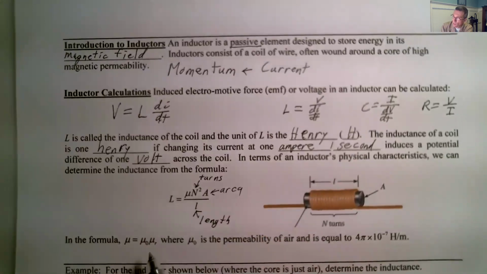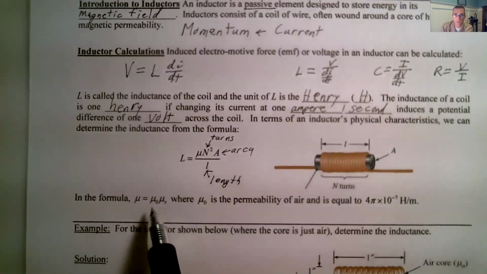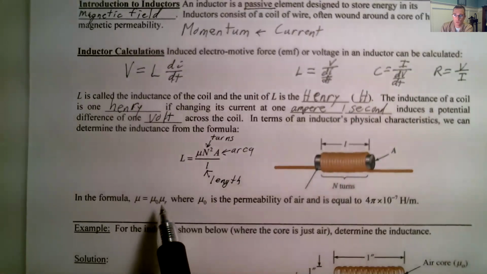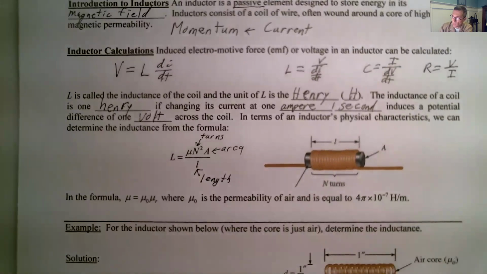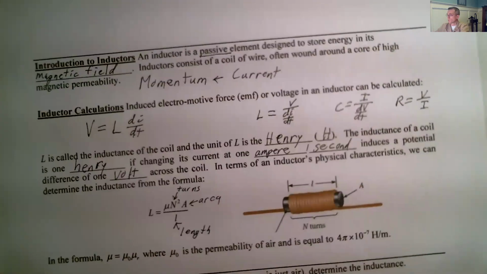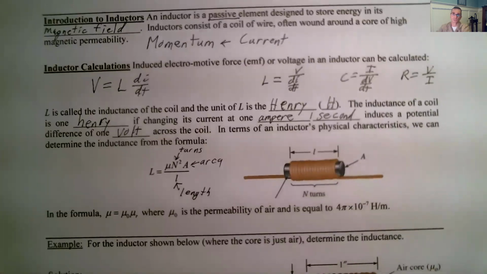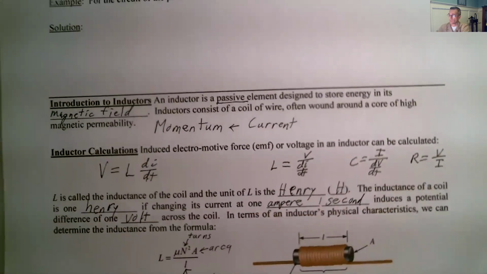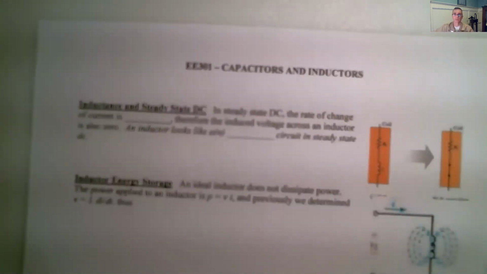Now mu is the permeability of air times the relative permeability. The permeability of air is equal to 4 pi times 10 to the negative 7 henries per meter. So that's what you would use if you're trying to figure out what the inductance of a coil is if you have the measurements of it. That's just kind of a background thing.